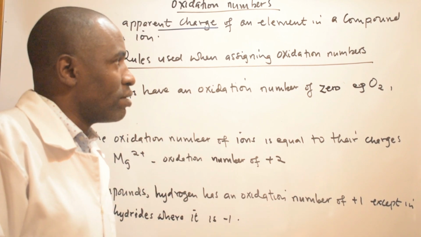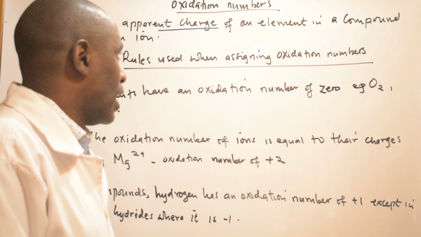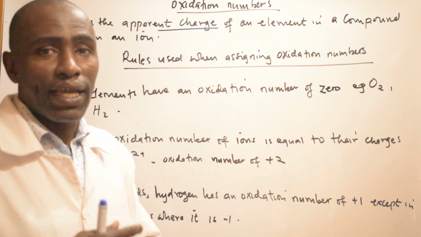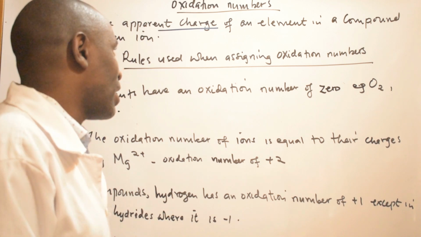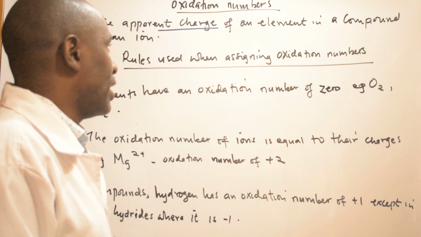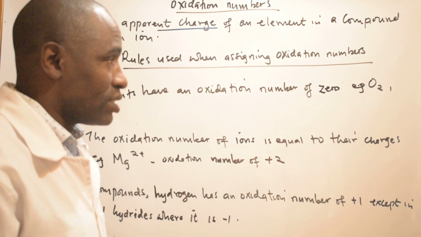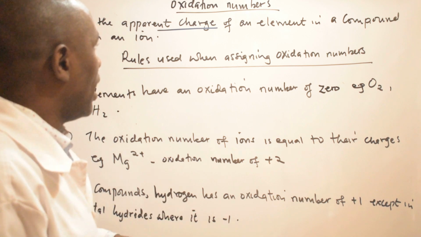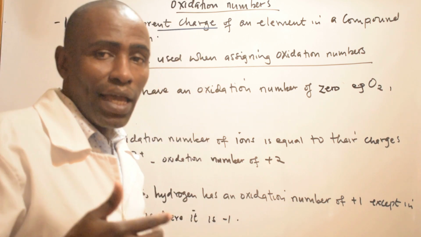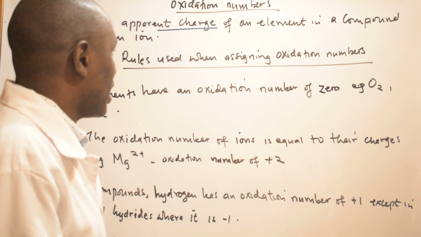However, when these atoms are involved in a reaction, because of either gaining or losing electrons, their neutrality changes, and we may see them either increasing in charge or reducing in charge.